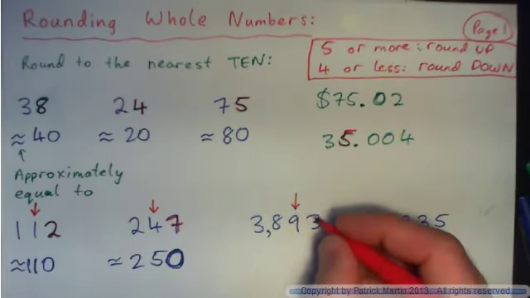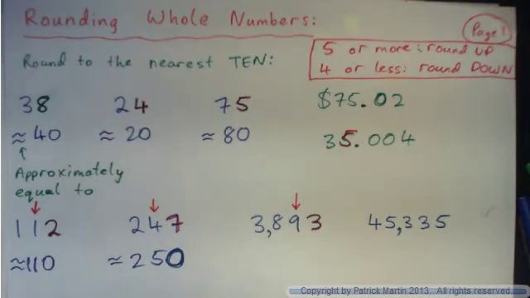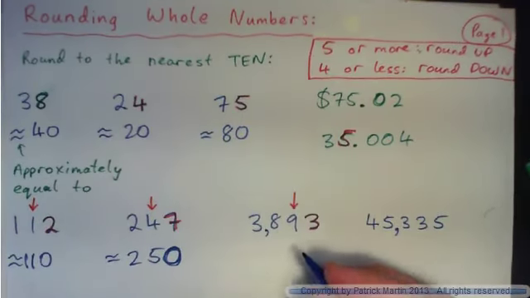In the unit spot, I have 3. So do I round up, or do I round down? Round that to the nearest 10. Write down the answer.